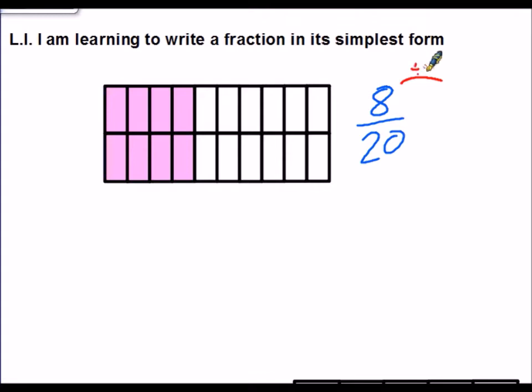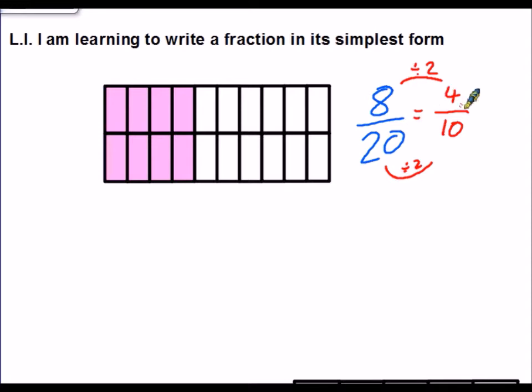So divide this one by 2, gives me 4. Divide this one by 2, gives me 10. So 4/10 would be a simpler way of writing this. However, in this case I'm not done. I've simplified it a bit, but I've not simplified it all the way. This can be made even simpler.